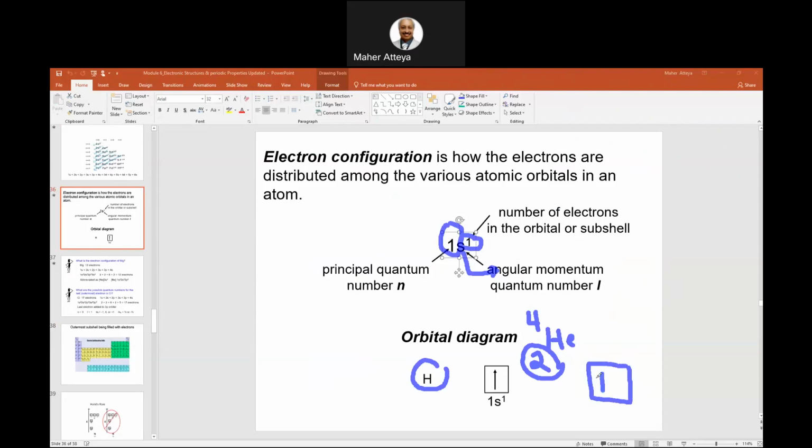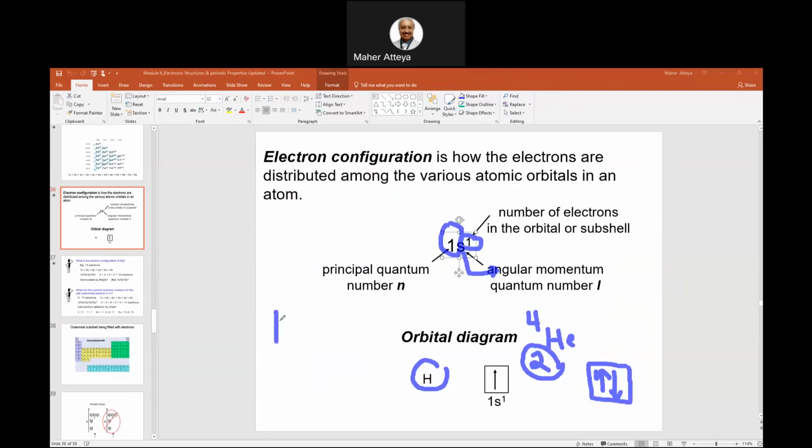And that's what Pauli says: maximum 2, and they have to have opposite spin. One is the electron density around the nucleus clockwise, the other one is the opposite, counterclockwise. So this is the electron configuration with orbital diagram for helium. Are you following me here?